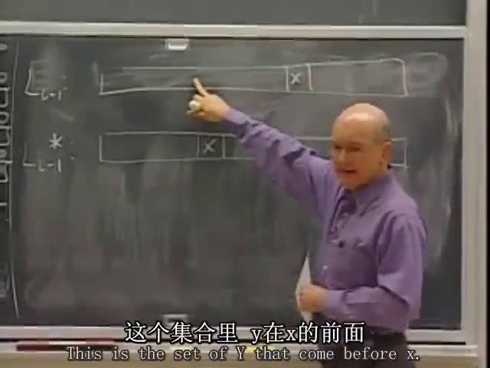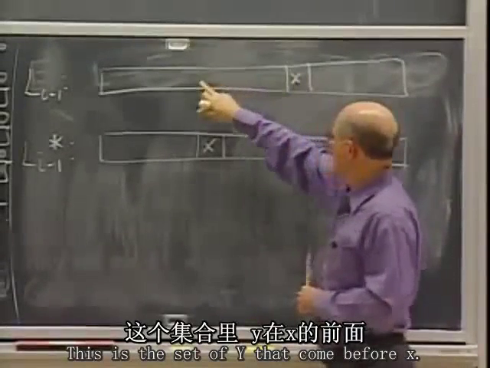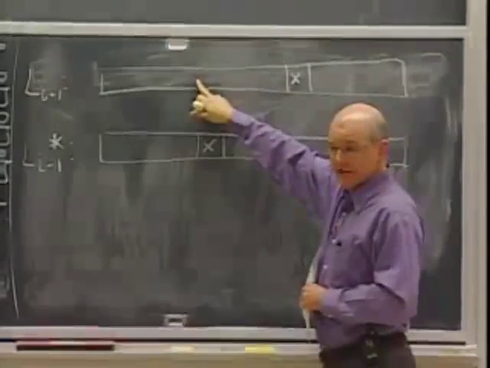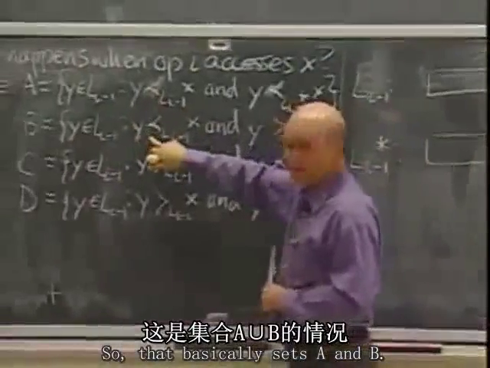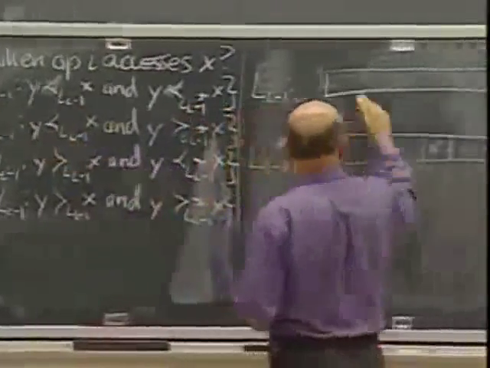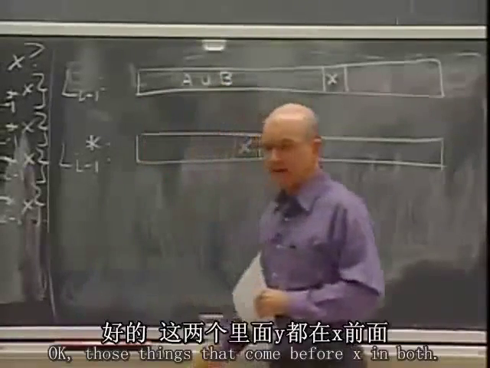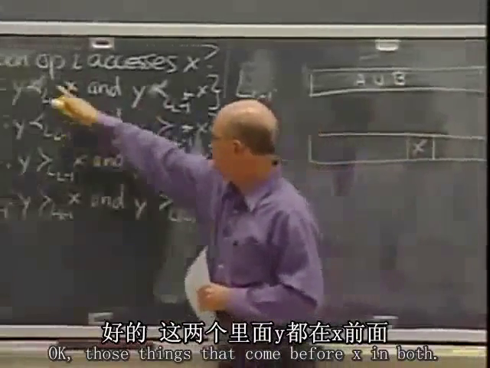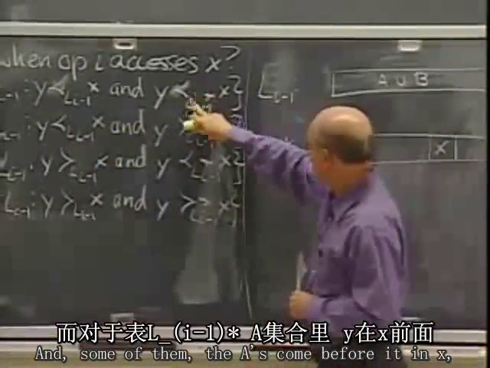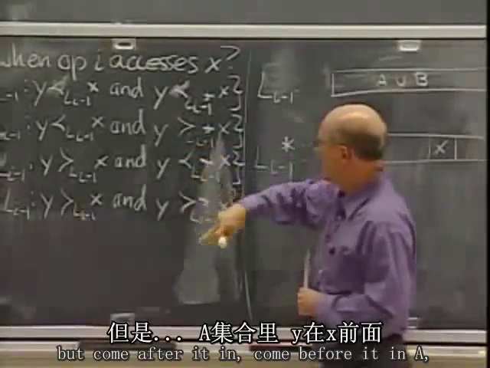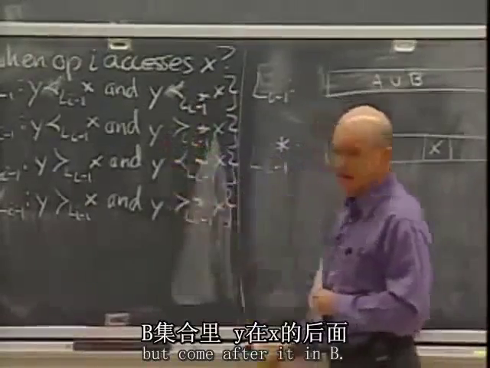This is the set of Y that come before X. So that's basically sets A and B, those things that come before X in both. Some of them, the A's, come before it in both, but the B's come before it in A, but come after it in B.